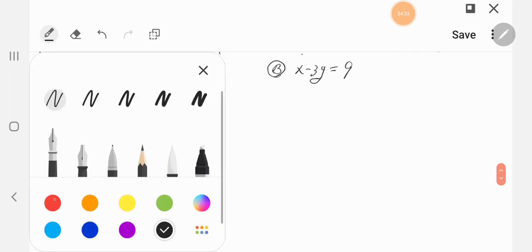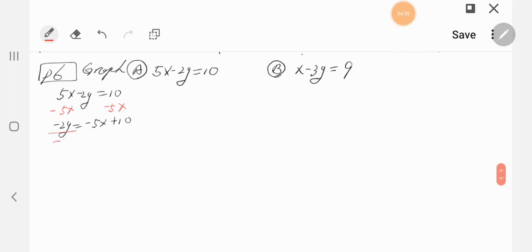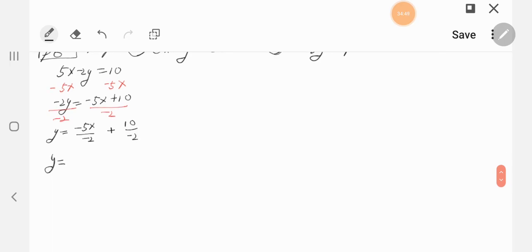And then divide by what? -2. So y is equal to -5x over -2 plus 10 over -2. Then simplify each term. Negative over negative is positive, so 5 over 2 times x, minus moves to the front, and then 5. So we have an equation like this, y equals mx plus b.